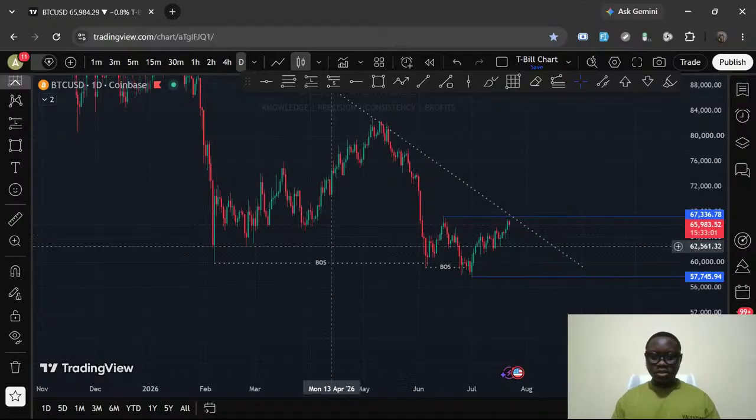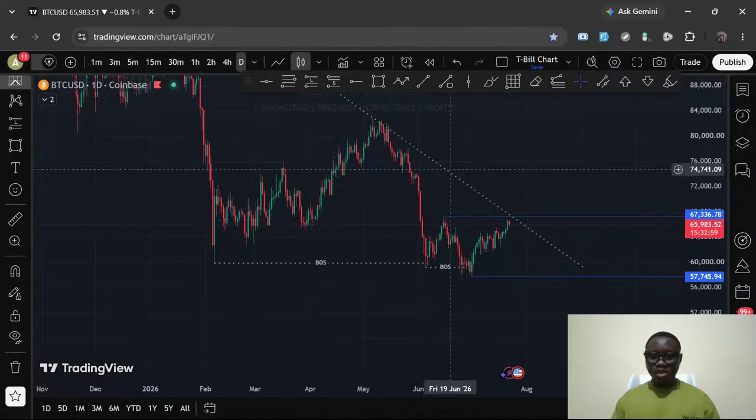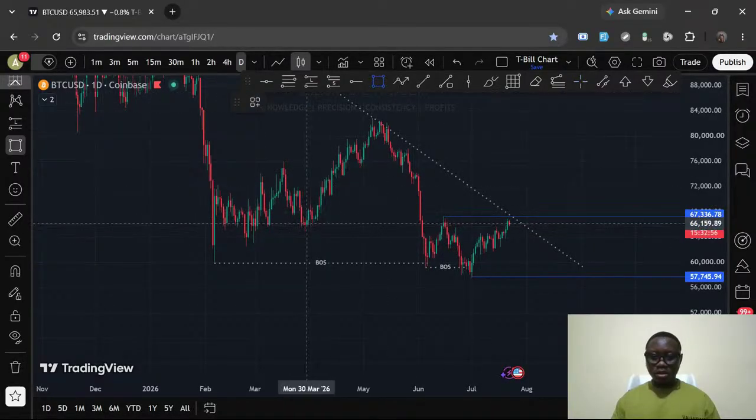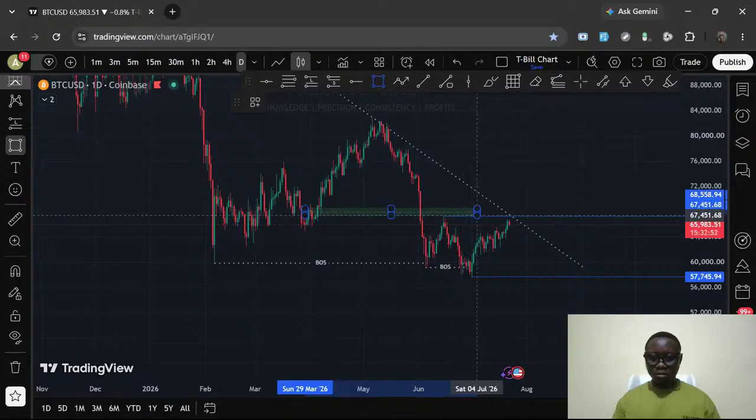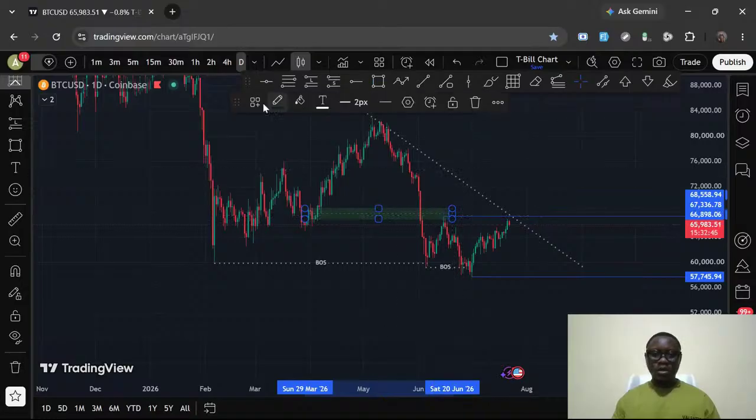Price is currently reacting at this zone. This bullish move originated at this zone right here.